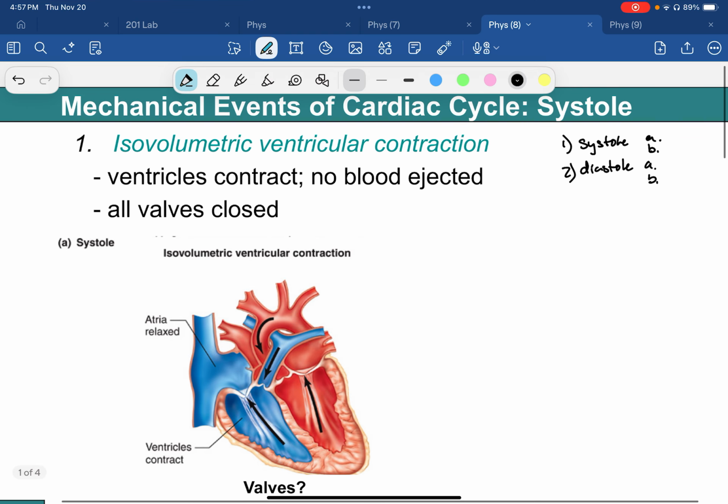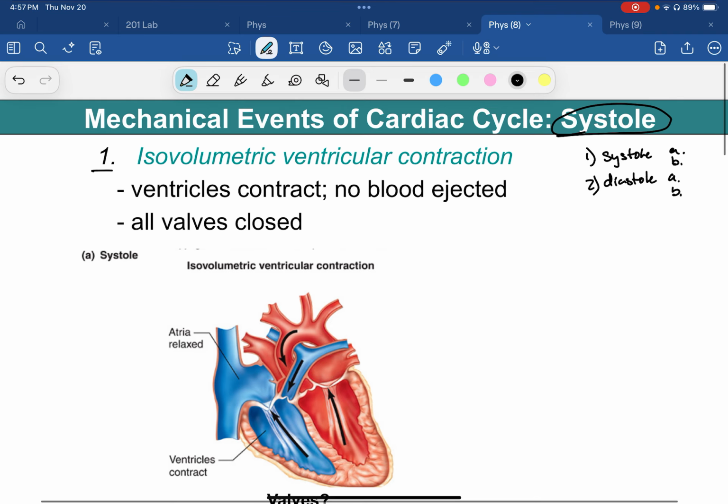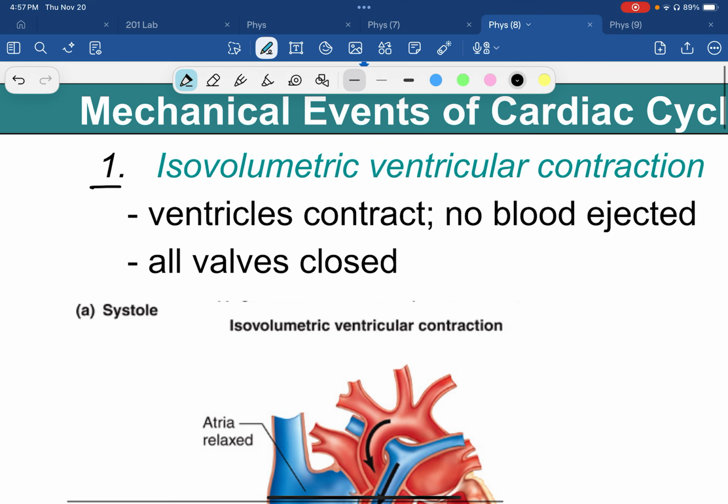This first one is in systole, as we see here, and this could be part A. It is isovolumetric ventricular contraction. We can use our terminology: iso equals the same, and volumetric means volume.